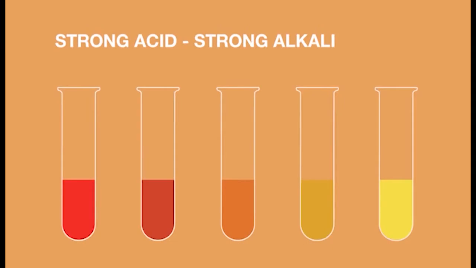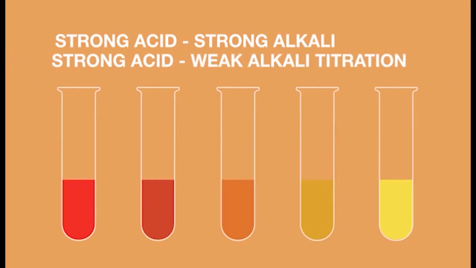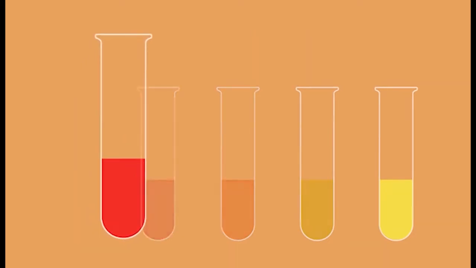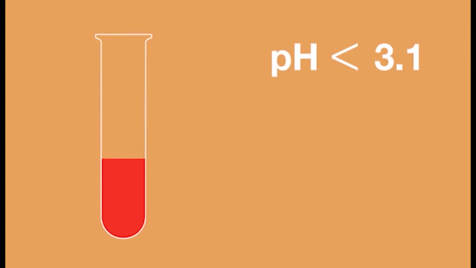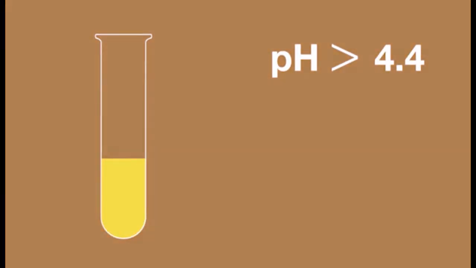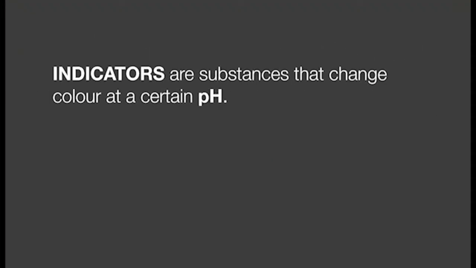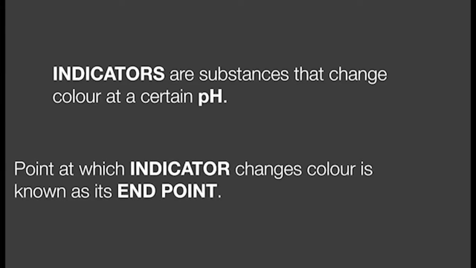Methyl orange is used to determine the end point of either a strong acid and strong alkali reaction or a strong acid and weak alkali reaction. It is red below pH 3.1 and yellow at pH higher than 4.4. In conclusion, indicators are substances that change color at a certain pH.